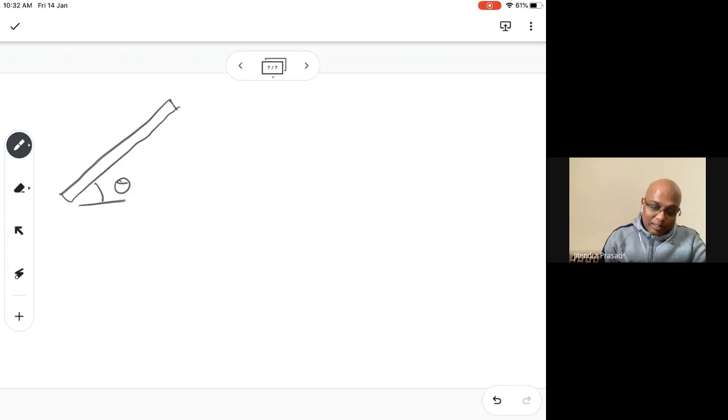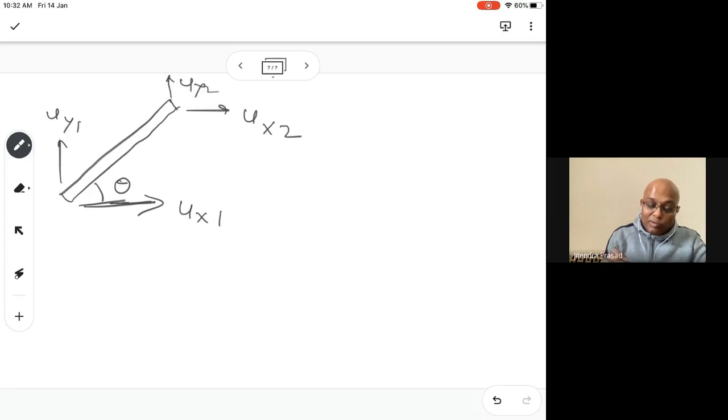Remember that our idea is to find the stiffness matrix for this new system, and we are calling these ux1, uy1, then ux2, then uy2. This is our definition now.